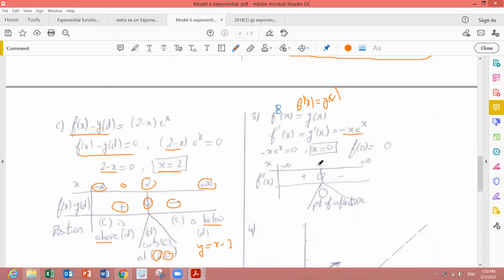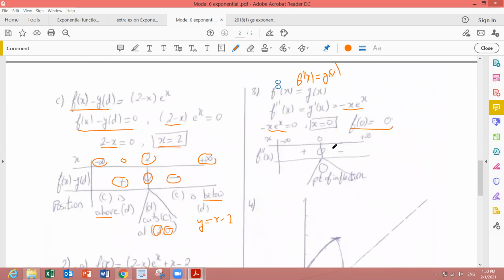Now we solve it equal to 0. Minus x e to the x equal to 0, which means x equals 0, and f of 0 is 0. We always have to make this table to show that the second derivative changes sign.